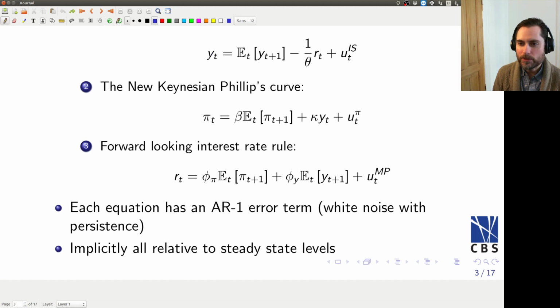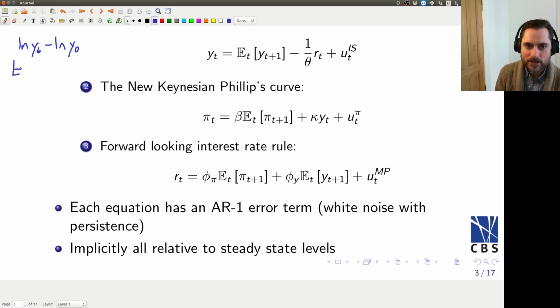So what we really mean here by yt, even though it's not written this way, is the log difference between yt and the steady state value of y. Okay, and for the steady state value of y, there's no expectations here, so it's very easy for us to bring that into the expectation terms as well.